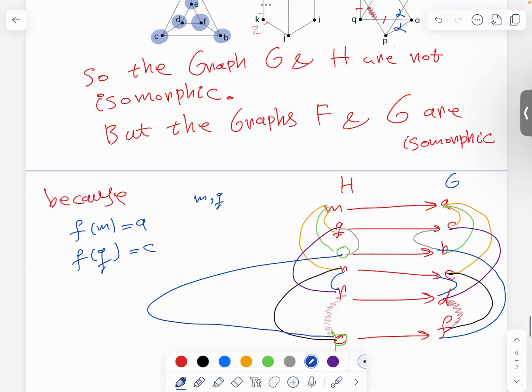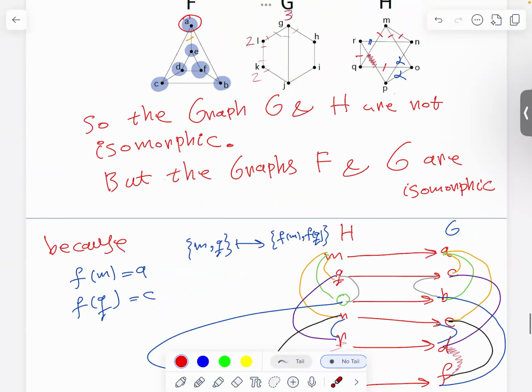Yes, like this one. It's also related to f of M and f of Q. Why? Because f of M is A and f of Q is C, and we know that there is an edge between A and C. Is there any question about this? Did you understand this one?